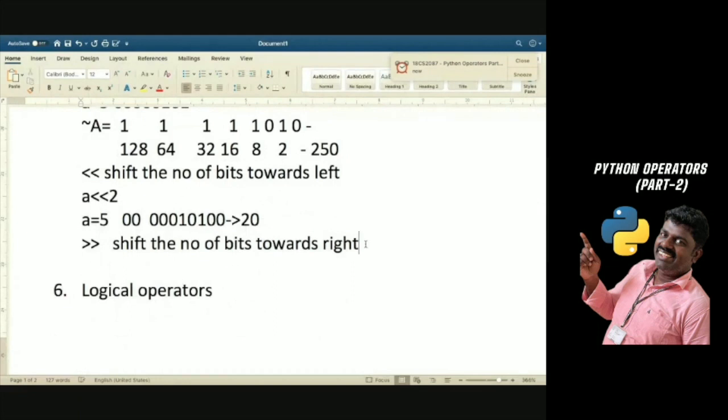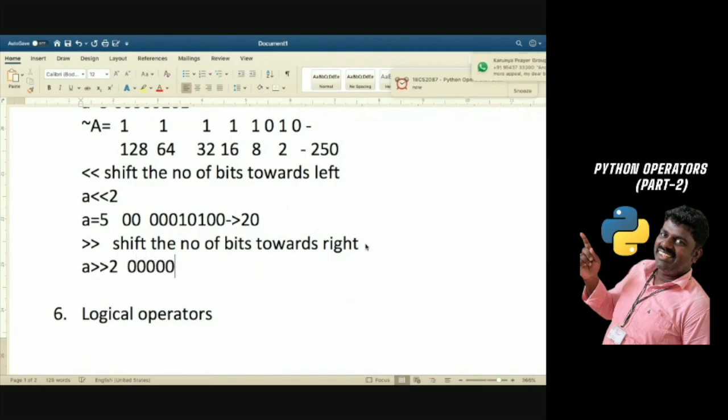And then if I am going for A greater than greater than 2, that means right shift. If I am going to do that, first we will write for 5. A equal to 5 means 5 zeros and then 1 0 1, right? So this is normally for 5.